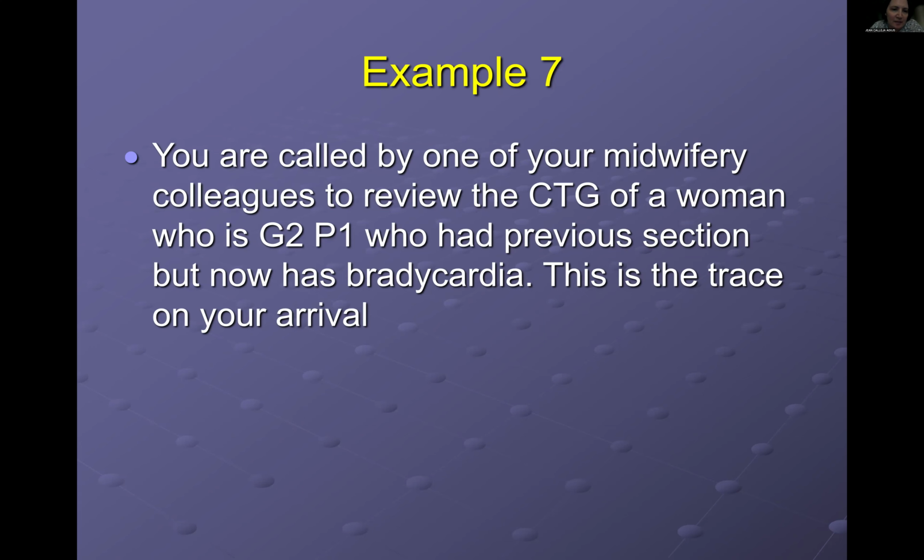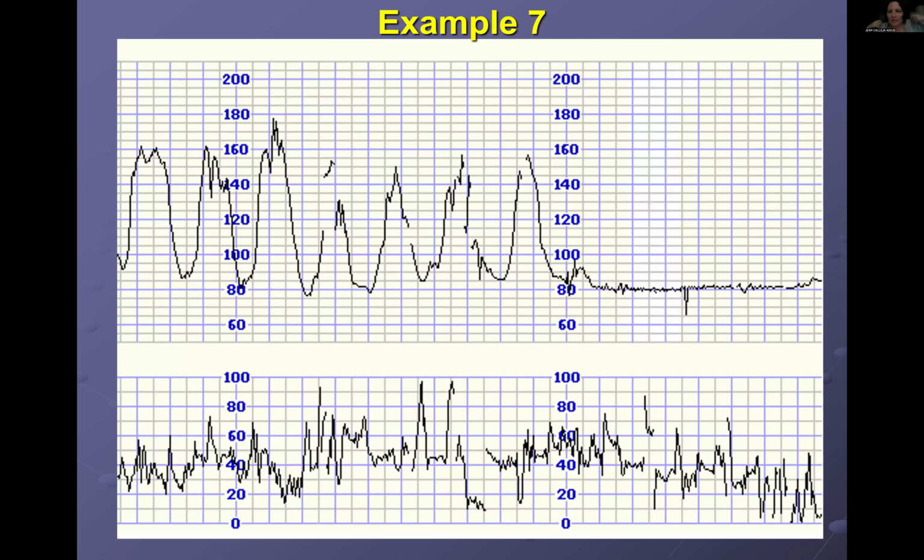But there's bradycardia, and as you enter the room, this is the CTG that you see, which is a CTG that you don't really want ever to see, but this is what you're faced with. All right, so let's go through it together.